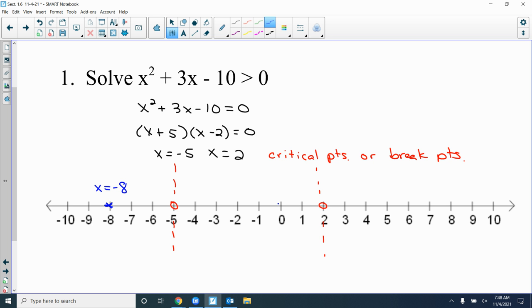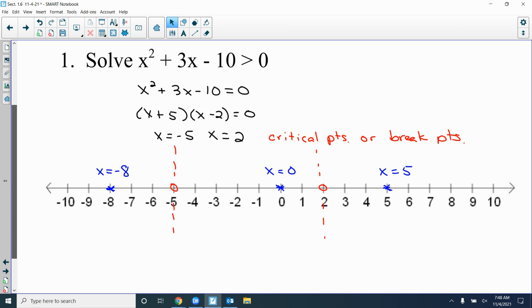And then if I ever can, I'm always going to use 0. I'll pick x equals 0. And I'm going to pick x equals 5. You've got two options here. You can take negative 8 and plug it in and see what you get back. That's absolutely fine. You can take 0, plug it in, see what you get back. That's absolutely fine.